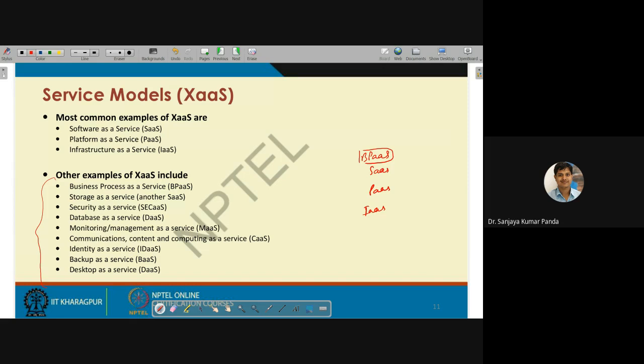Similarly, you can go for storage as a service, security as a service, database as a service, monitoring or management as a service, communication or content and computing, that is CaaS, identity as a service, backup as a service, or desktop as a service. I already mentioned healthcare as a service, agriculture as a service, and sensor as a service. People come up with different types of services.